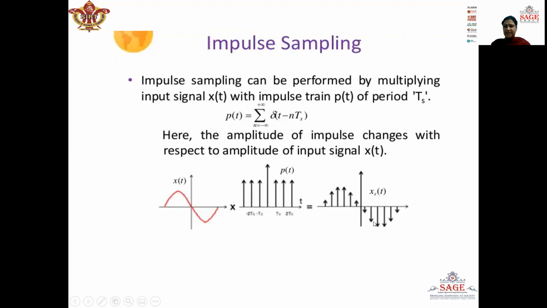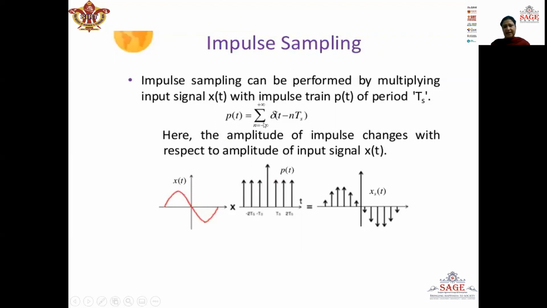So here we can see an impulse sampled signal in which the tops of the impulses vary according to the amplitude of the message signal. We can represent the train of impulses p(t) as the summation of delta(t - nTs), where n is an integer with a value from minus infinity to plus infinity.